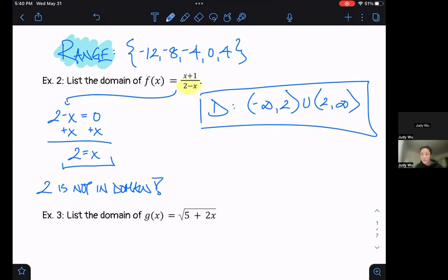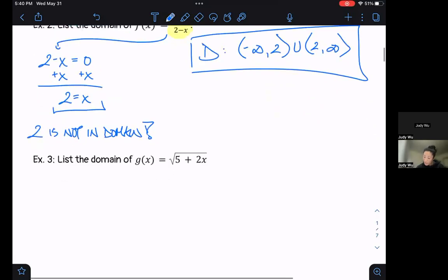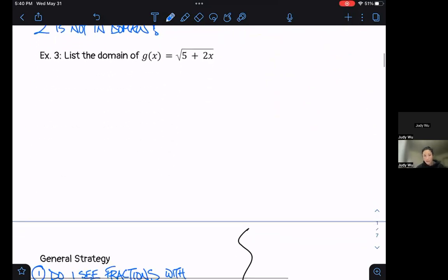But for this particular question, we just have the 2, we exclude that 2, that is how we list our domain, okay? So that's a great strategy anytime we have a variable in the denominator of a fraction, right?